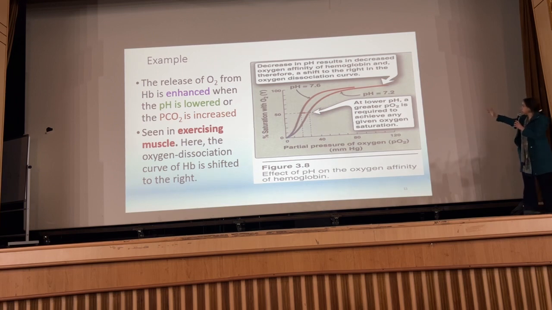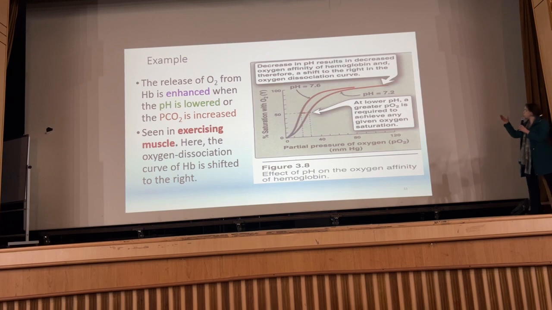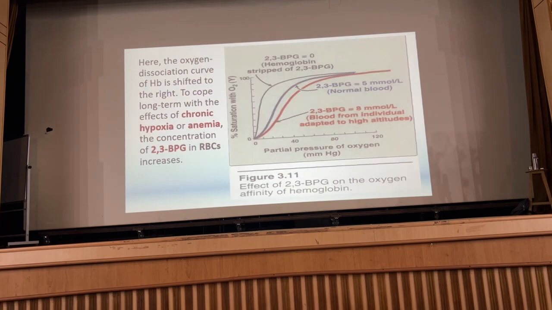This is lower than 7.4, and that is above 7.4. 7.4 is the pH of the blood. At lower pH, greater PO2 is required, so more oxygen is required to achieve the saturation of hemoglobin with oxygen.